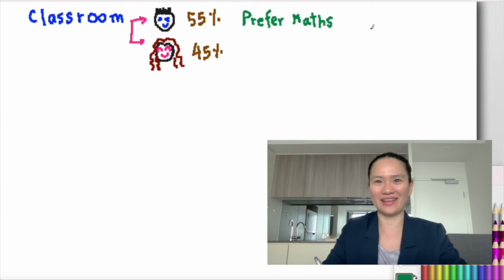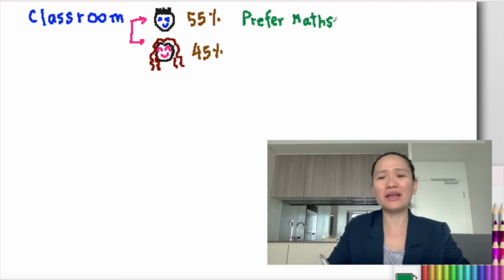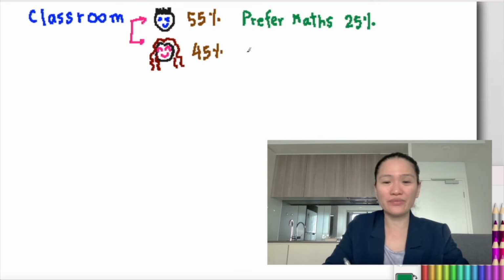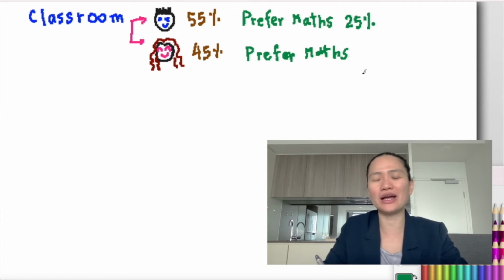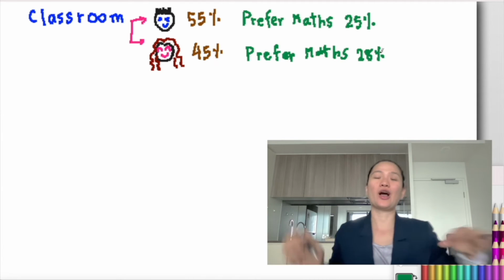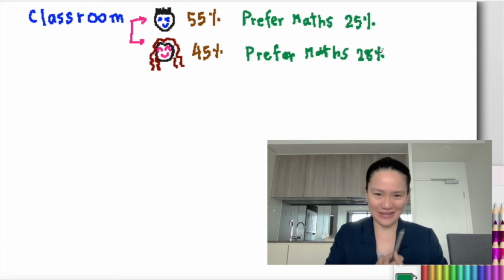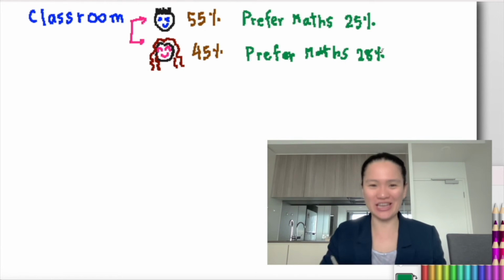How about I say maybe just 25% prefer math. But from girls or females, they prefer mathematics. How about we put the number a little bit different? How about we say 28%? Okay.